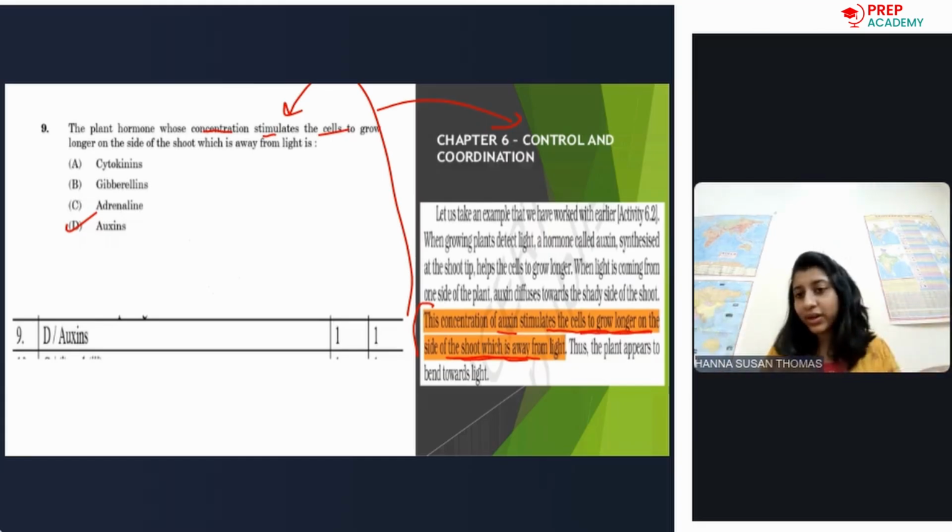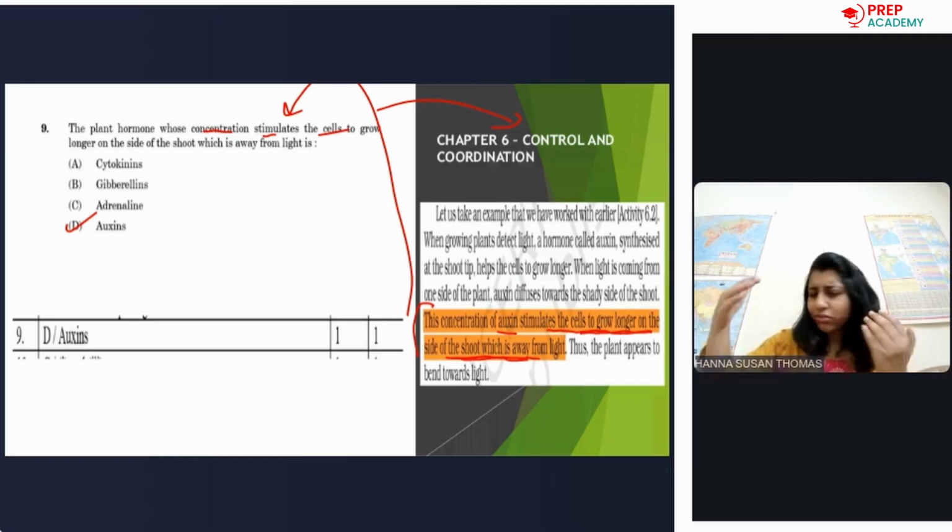I urge you to do that, because if you give most of your time to reading, understanding, revising and studying all these concepts from your textbook itself, you won't need any guide also. Your guide is your textbook, given by the CBSE board.